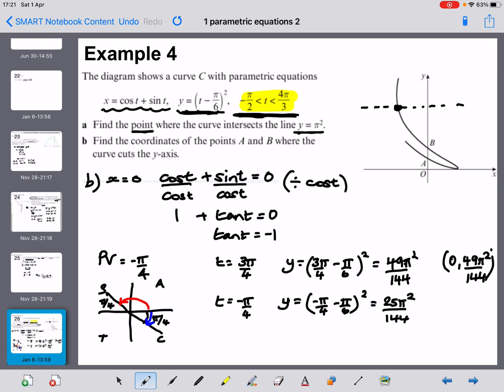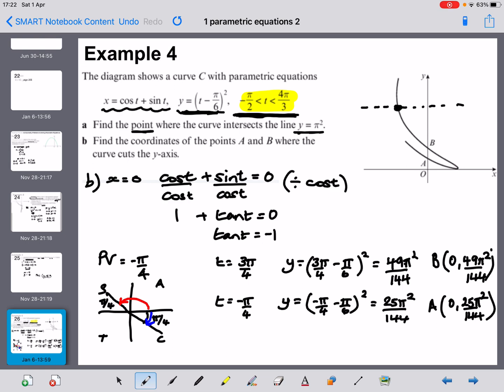So the first one, when t is 3π/4, we get 49 pi squared over 144. When t is minus π/4, we get y is 25 pi squared over 144. So that gives 0, 25 pi squared over 144. Some funny numbers, but doable. So A is the smallest, so that one must be A, and that one must be B.